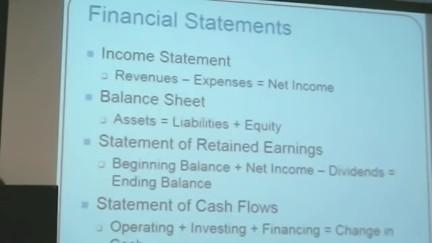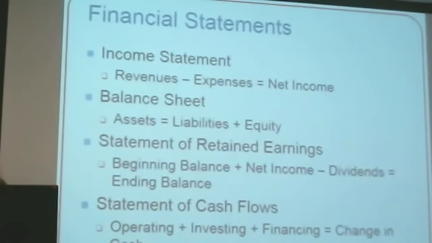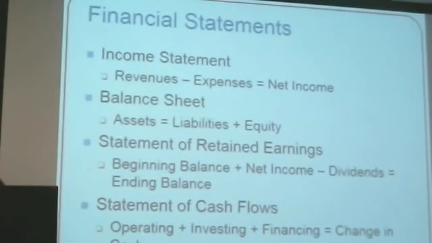Okay, so here are the 4 financial statements. Your income statement is all your revenues minus all your expenses equals net income. Your balance sheet is all your assets, and they have to equal your liabilities plus your equity. The statement of retained earnings is the beginning balance like we just saw, plus net income from the current year minus dividends, which gives you your ending balance in retained earnings.